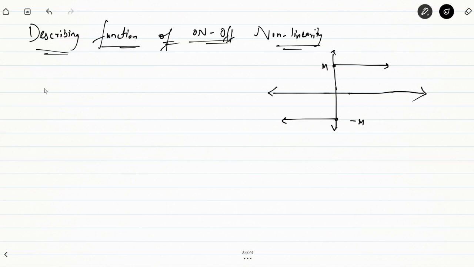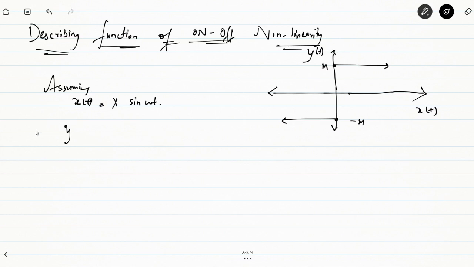Now assuming x(t) equal to x sin omega t, the input is a sinusoidal function. We need to find out the output response of the system. So accordingly, as you can see from this behavior, y(t), which is your output, to an input of x(t). Right?